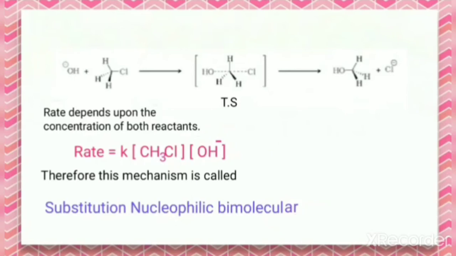Once again, because the rate depends upon the concentration of both reactants, this mechanism is called substitution nucleophilic bimolecular, that is SN2. So S represents substitution, N represents nucleophilic, and 2 represents bimolecular. That means in the rate determining step, the rate depends upon both reactants, therefore it is called SN2.